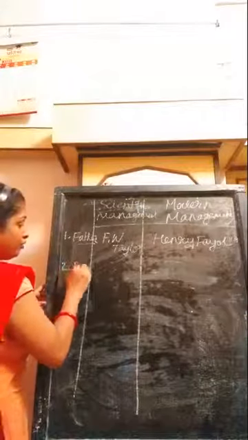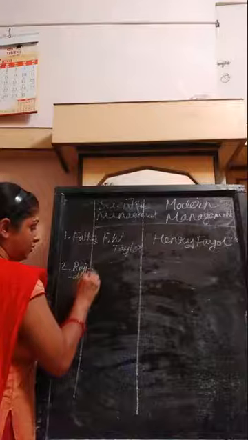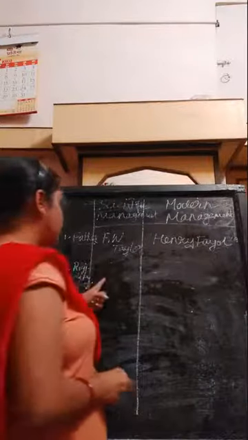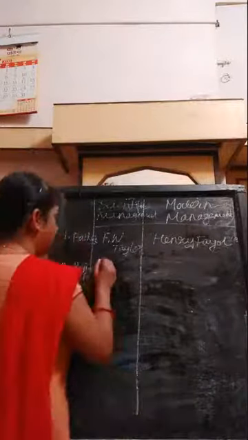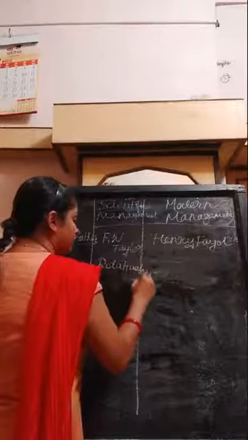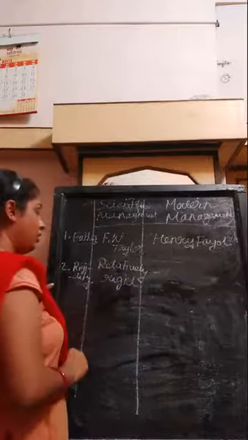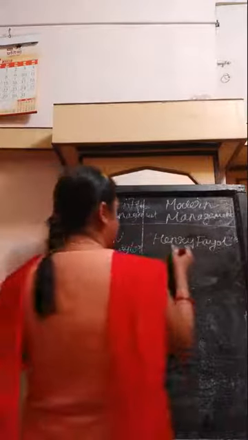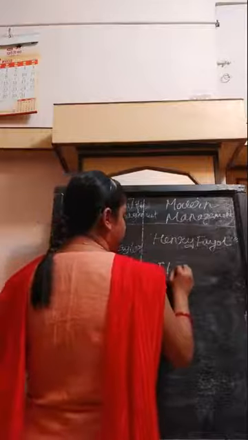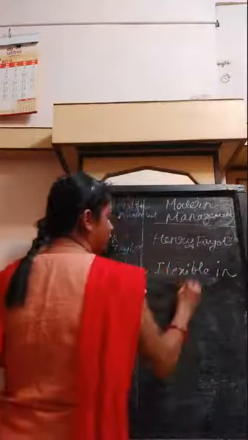Point number 2, rigidity. Now this scientific management is relatively rigid, whereas modern management, principles of modern management is flexible in nature. Flexible in nature.